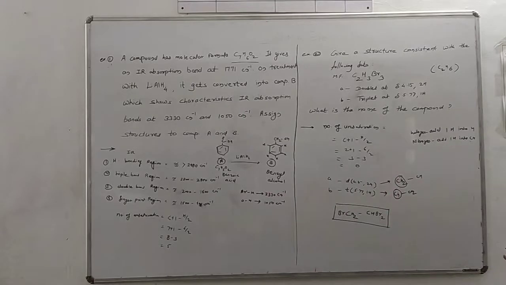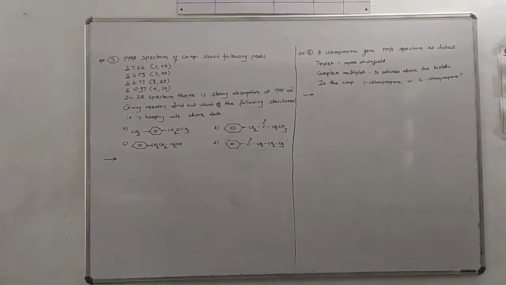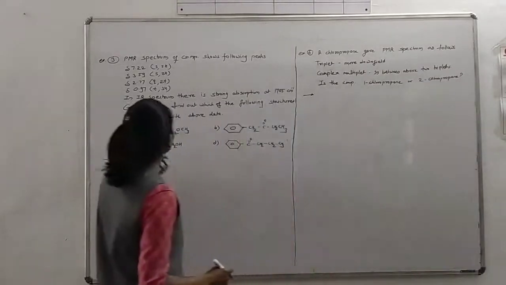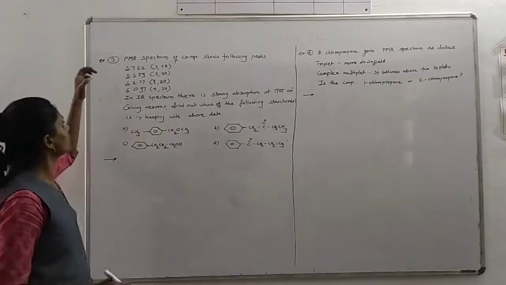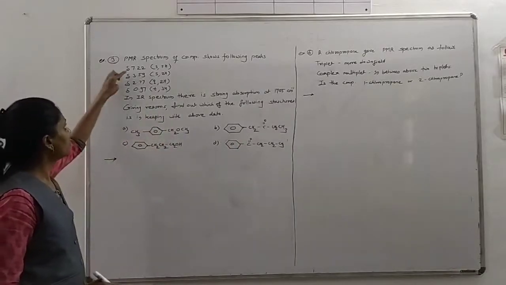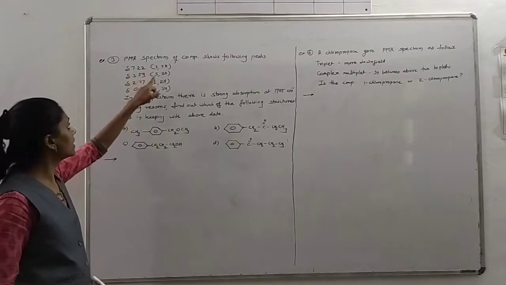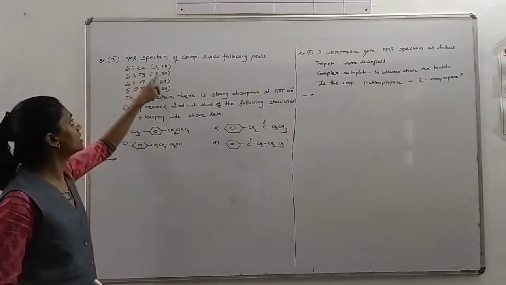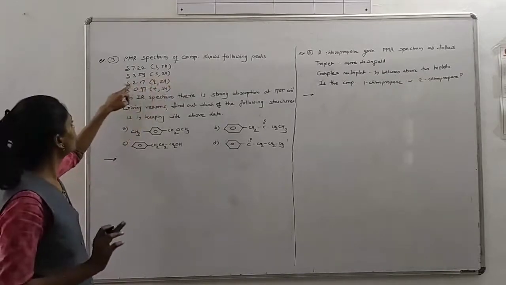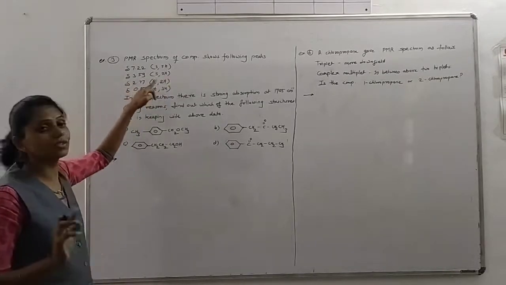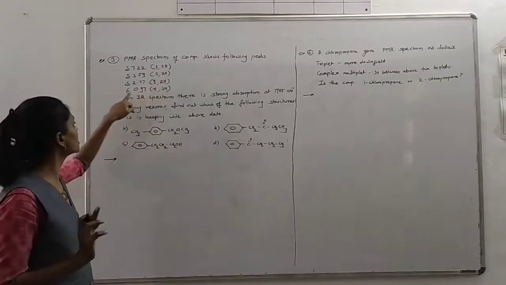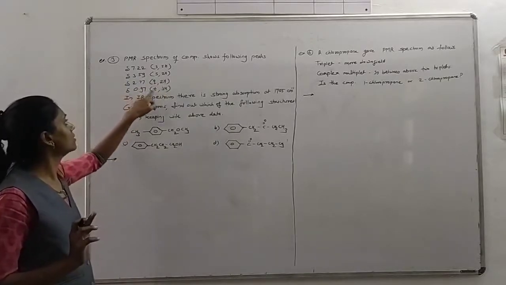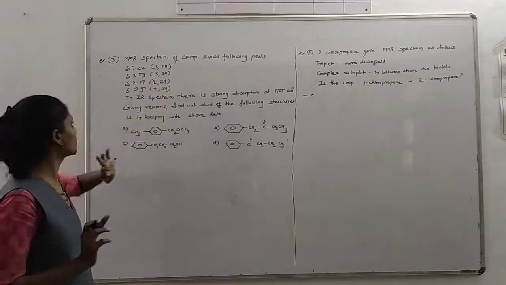Now we go to the next problem. In this example, the NMR spectrum of a compound shows a peak at 7.22, a singlet for 5 protons, at 3.59 a singlet for 2 protons, at 2.77 a quartet for 2 protons, and at 0.97 a triplet for 3 protons.